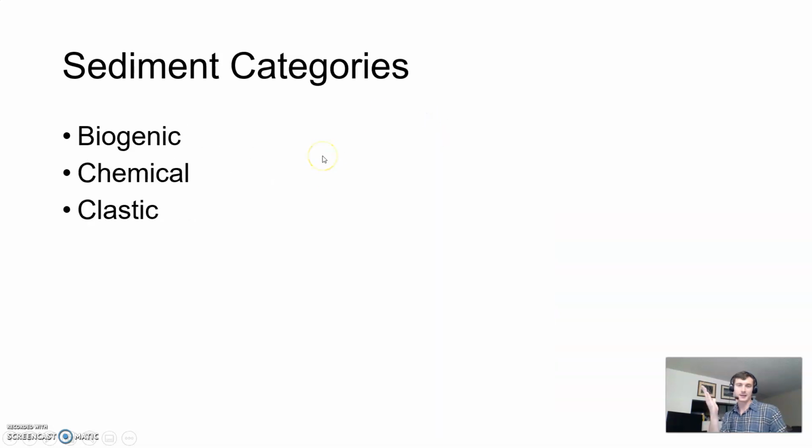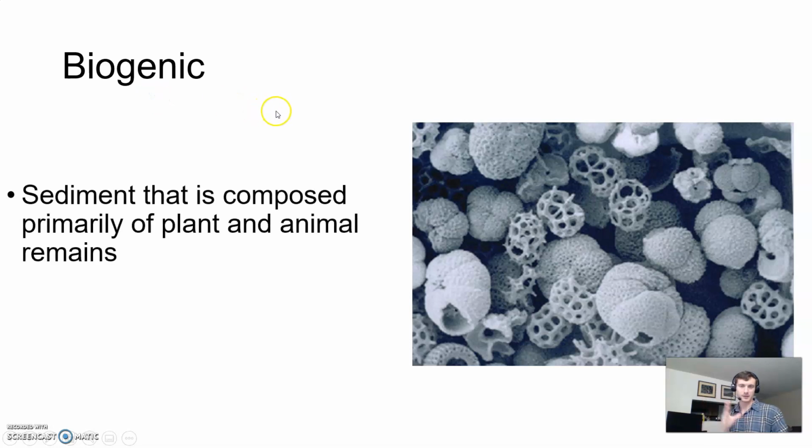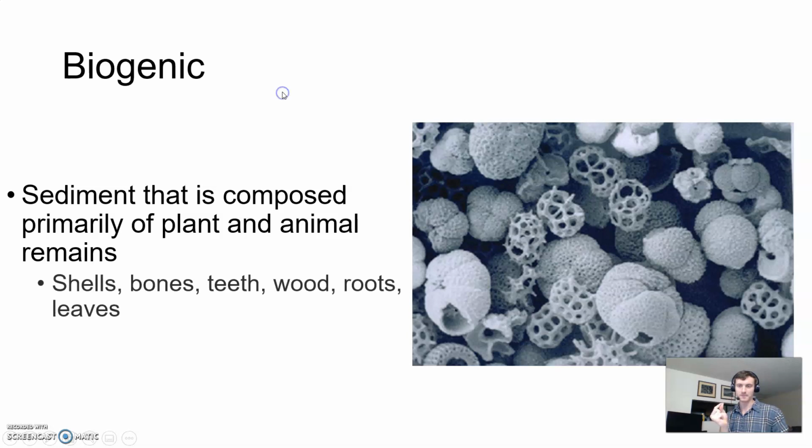We're going to talk about three categories of these: biogenic, chemical, and clastic. First, biogenic. Life, bio, and genic, like generate. So coming from life. These are sediments, little particles, that somehow, some way come from living organisms or are pieces of what were once living organisms.